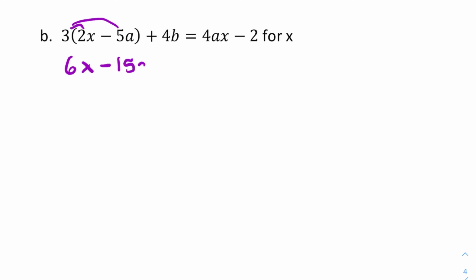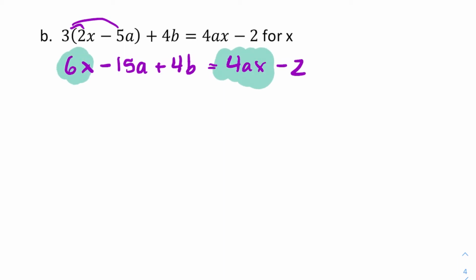And then I'll rearrange it so that my variables with x are together on one side with nothing else. So I'm going to subtract 6x from both sides so that I get everything with x's on the right-hand side of my equation. And while I'm at it, I'm going to add 2 to both sides.